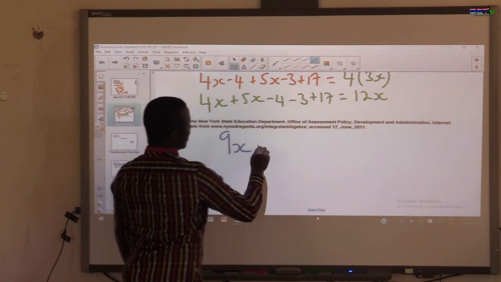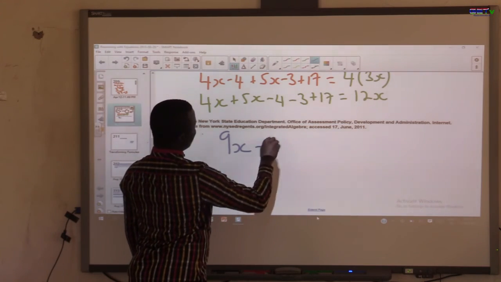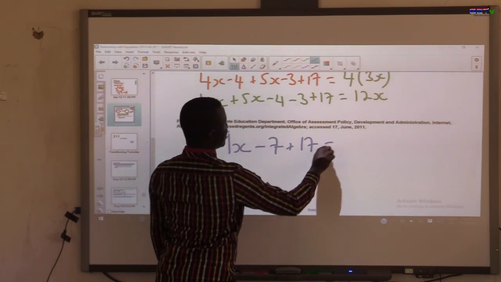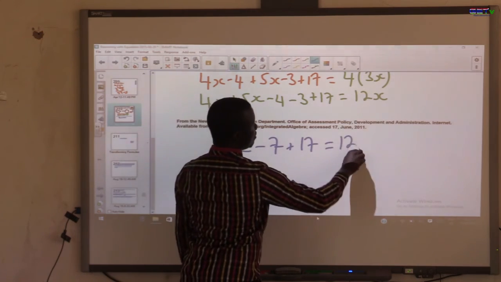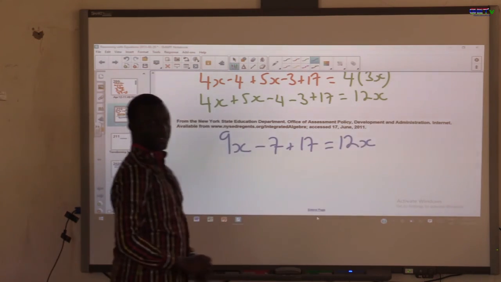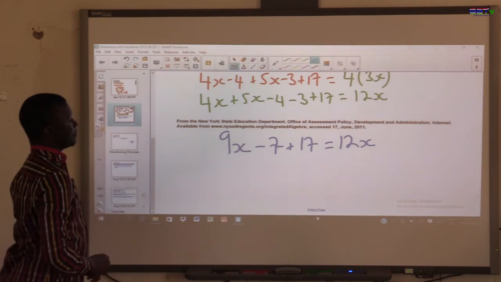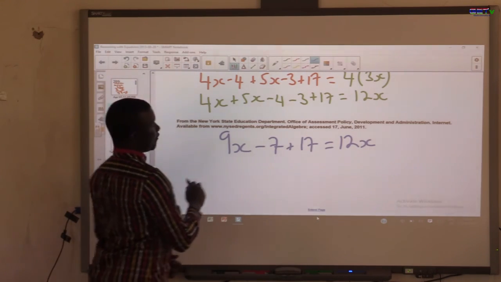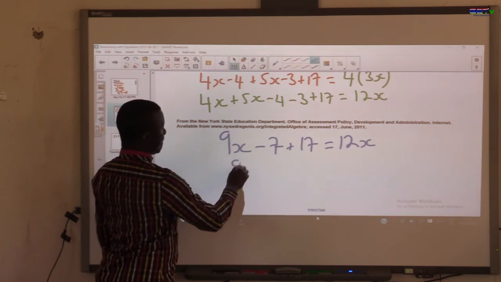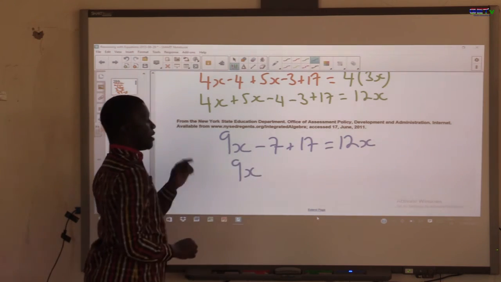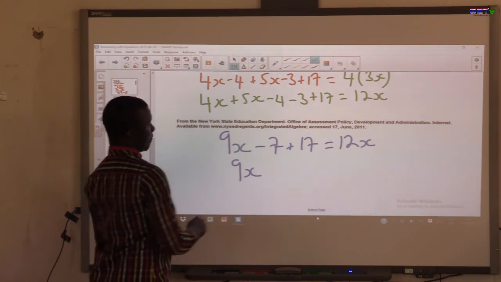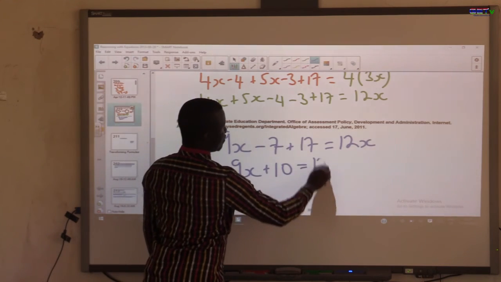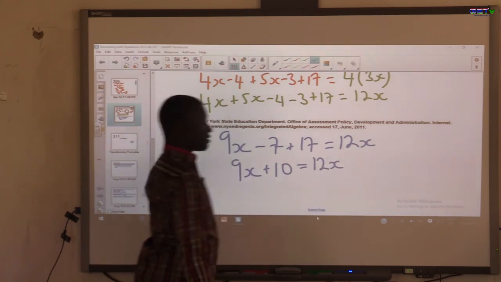Negative 4 minus 3 is negative 7, plus 17 is equal to 12x. This we can further simplify. 9x minus 7 plus 17, that's 10, which is equal to 12x.